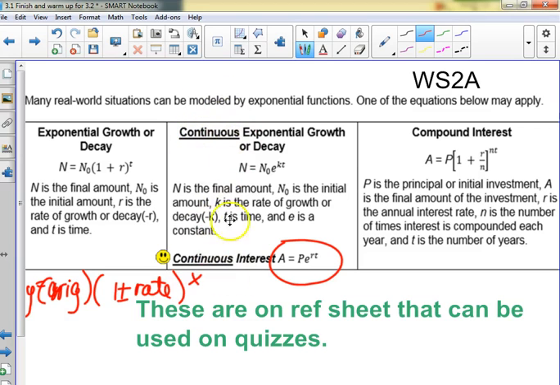We had a little bit of discussion about this on Friday. But if a question just says growing exponentially or decaying, you don't use these. This is if the question says continuous. Then you use these. Okay? The quiz, I think, has an either exponential growth or decay question, and then it has one compound interest one.